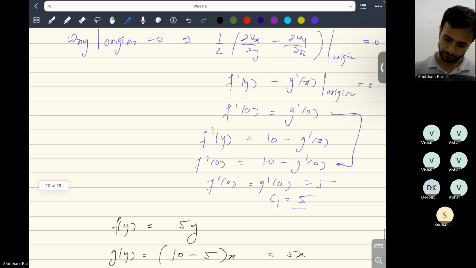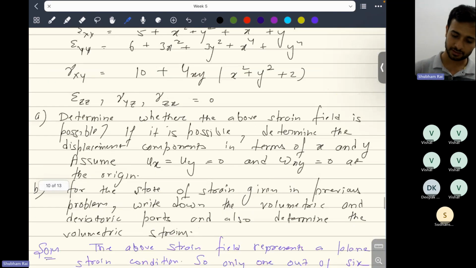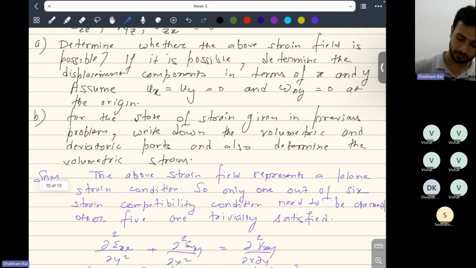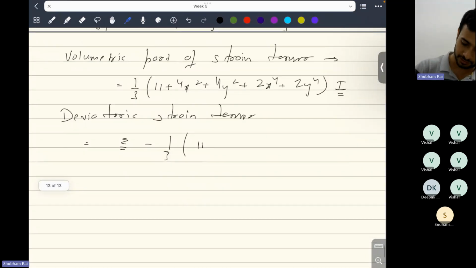Now using these components, you can write the strain tensor, and if you subtract this volumetric part from that strain tensor, you will get the deviatoric part. This is your deviatoric strain tensor. Now you need to find the volumetric strain also.